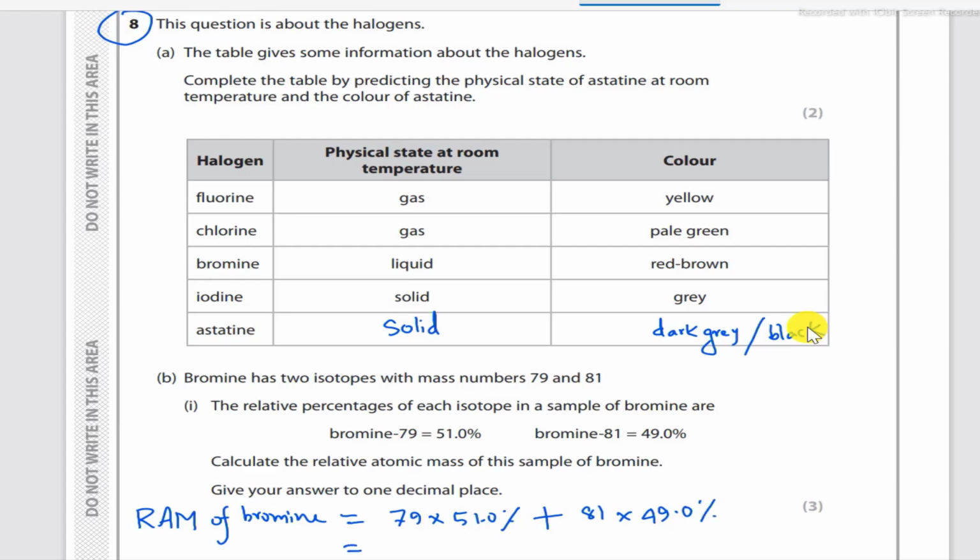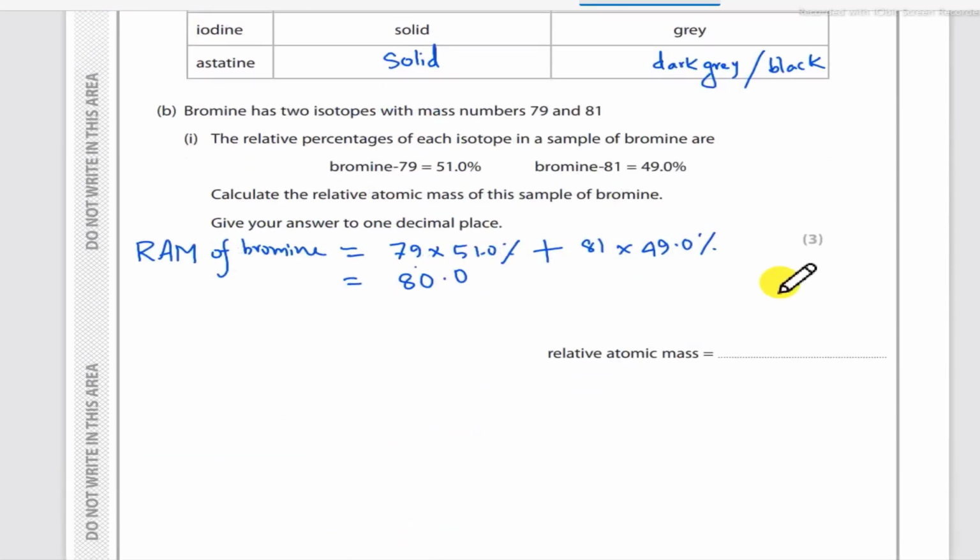So the answer will be 80. So the relative atomic mass of bromine is 80.